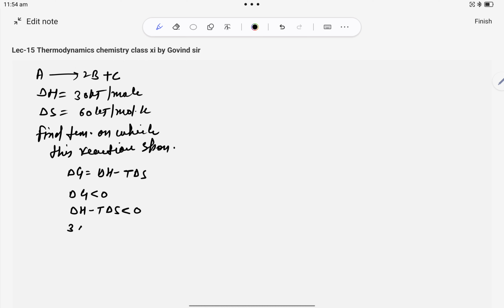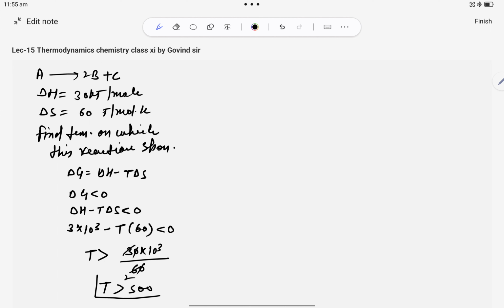Put the value of delta H: it is in kilojoule and delta S is given in joule, so 3 into 10 to the power 3 converted into joule, minus T into 60. So T is greater than 500. If temperature is greater than 500 Kelvin, at that temperature this process will be spontaneous.